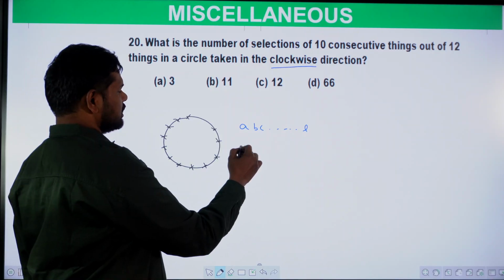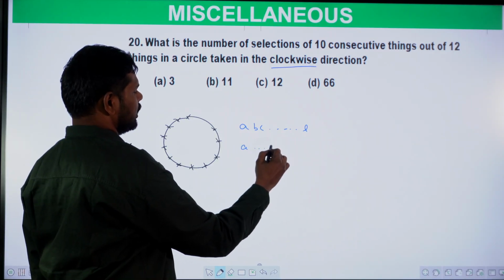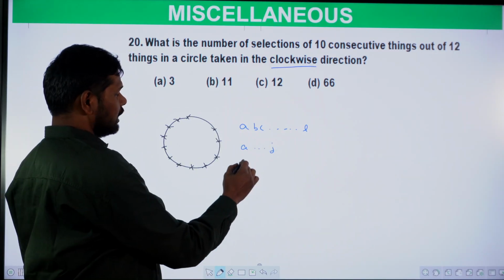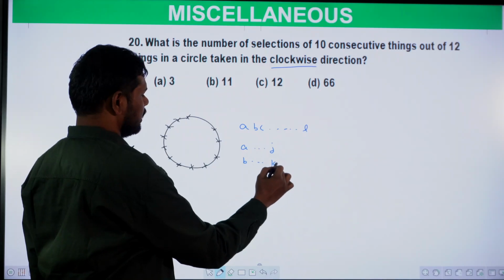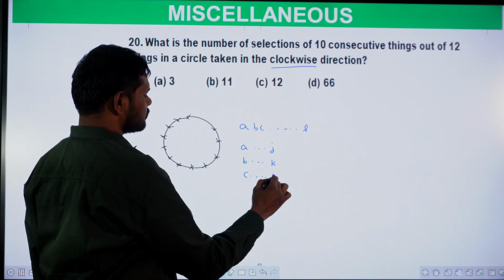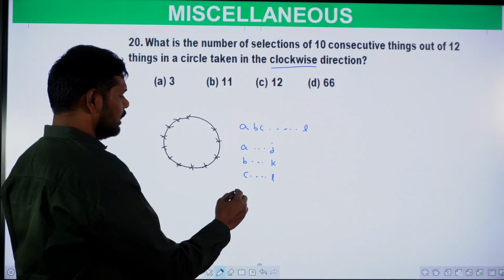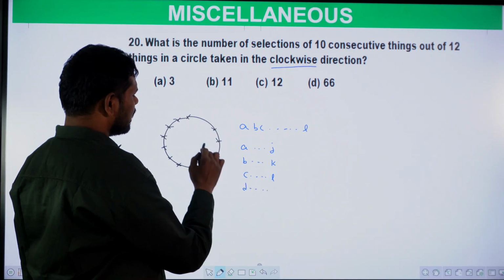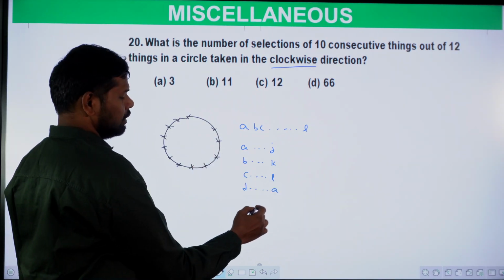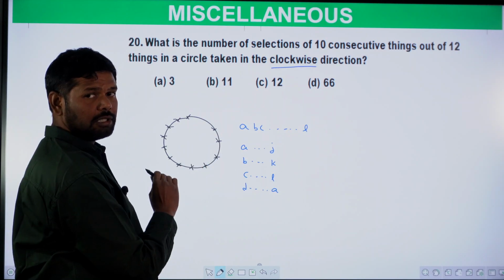Suppose starting with A: A, B, C up to J, 10 things. Then B to K. Then C to L. Then D to L and after that, clockwise, it comes to A again.